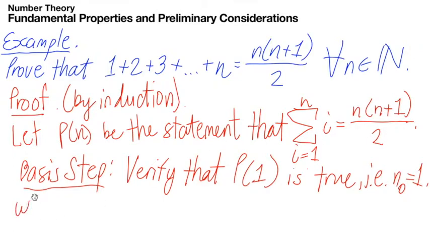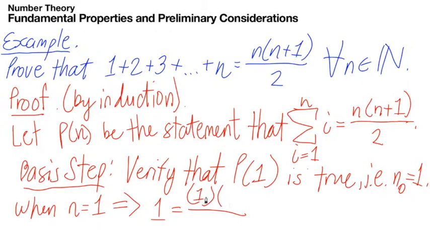So when n equals 1, the upper limit is 1, so the sum is just 1, and that equals 1 times, substituting 1 in n, 1 plus 1 all over 2.